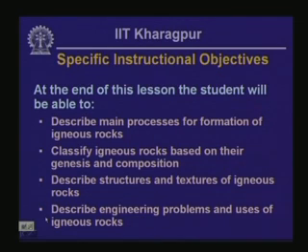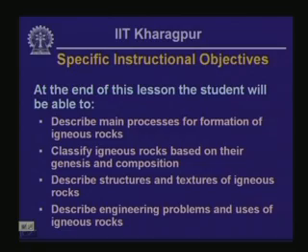What are the objectives of this lesson? We want to know what the formation processes of igneous rocks are. We want to be able to classify igneous rocks based on their genesis and composition.